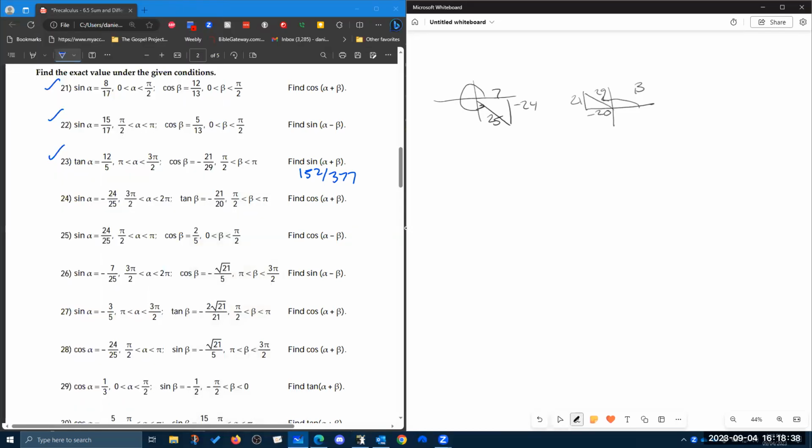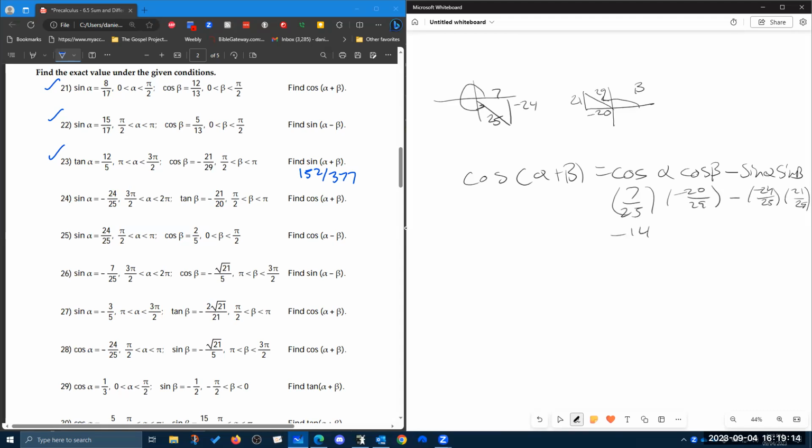Now we need to find cosine of alpha plus beta, which is cosine alpha cosine beta minus sine alpha sine beta. Cosine of alpha is 7 over 25. Cosine of beta is negative 20 over 29. Sine alpha is negative 24 over 25. Sine beta is 21 over 29.